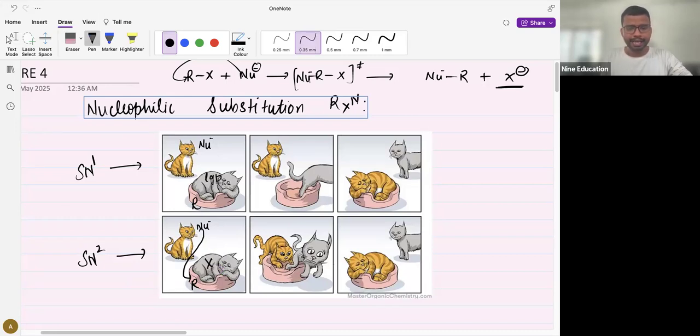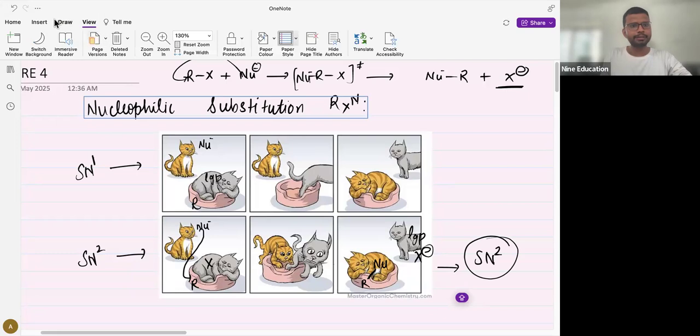So this nucleophile, this cat, will attack on this cushion and will remove this gray cat, and will again sit with R, and this nucleophile will make a bond with the cushion R, and the cat which was sitting, the leaving group, will leave as X negative, है ना. तो ये वाला तो क्या है? SN2 मैकेनिज्म है कि एक न्यूक्लियोफाइल ने दूसरे न्यूक्लियोफाइल को अटैक करके निकाल दिया, है ना. In first one only, today we will study the SN1 mechanism.